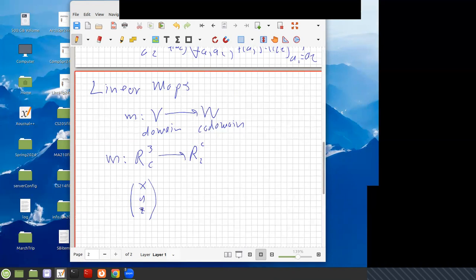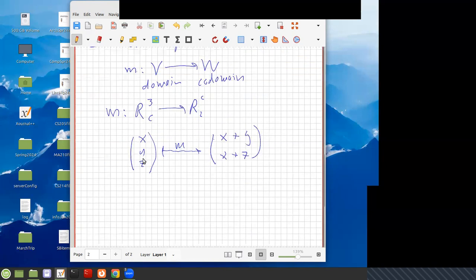We can choose any values we want for X, Y, and Z, and that's mapped by M to X plus Y and X plus Z, okay? So for every vector in the domain, we have an element in the codomain. So that satisfies the first property, and it also satisfies the second because it directly depends on these things.